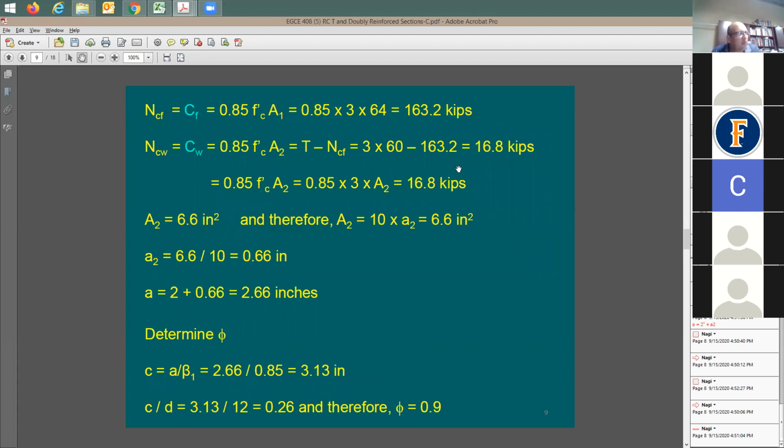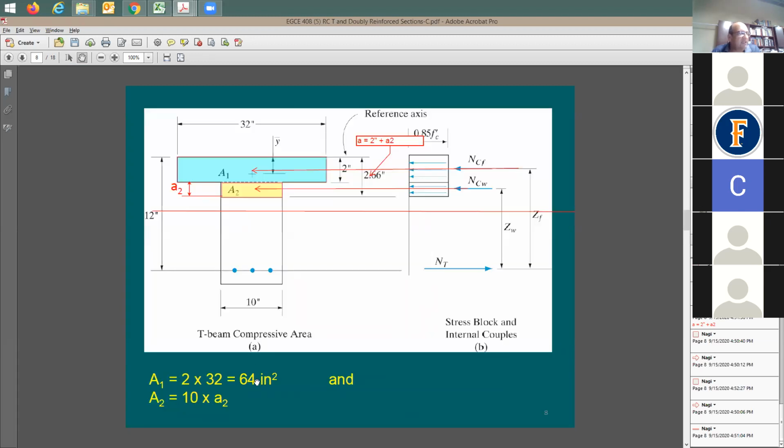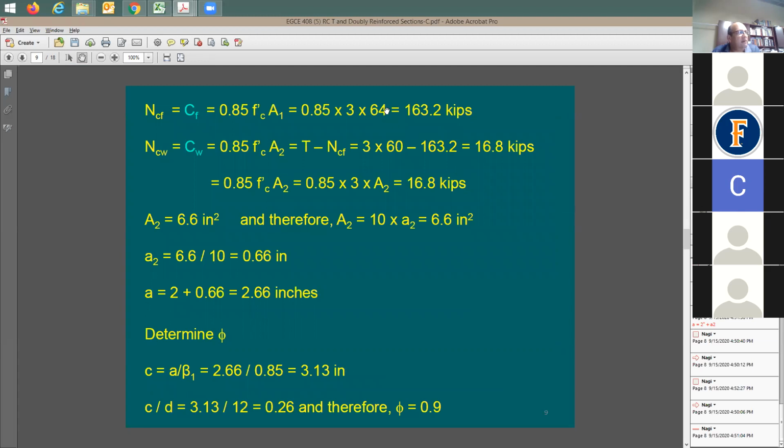I'm going to take you back here one slide. Here it is, 64 square inches, times 3, the F prime C, times 0.85. So I know that this is going to be 163.2 kips, right? This is going to be the compression in the flange. Compression now in the web is going to be equal to 0.85 F prime C times A sub 2.